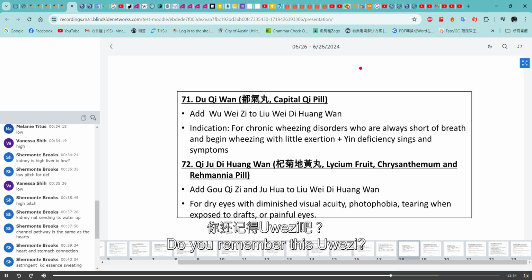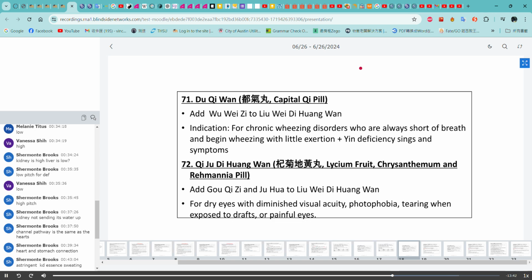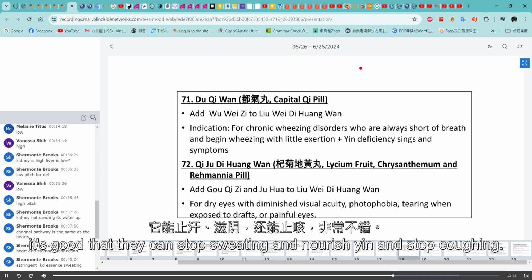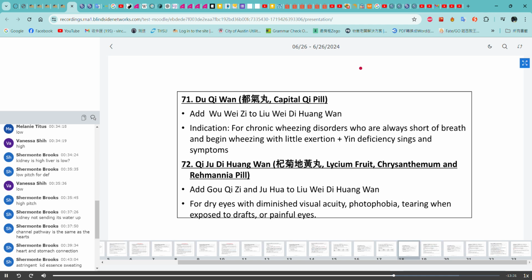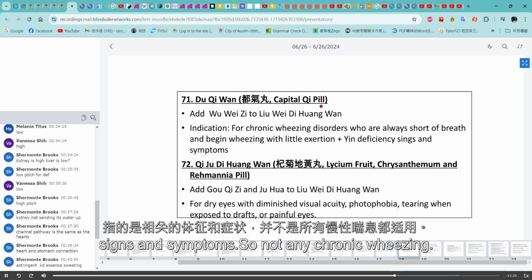Wu Wei Zi can astringe the leakage of qi and sweating, and goes to the lung as well. So it helps the cough. It can stop sweating, nourish yin and stop cough. So this is for chronic wheezing disorder due to yin insufficiency signs and symptoms.